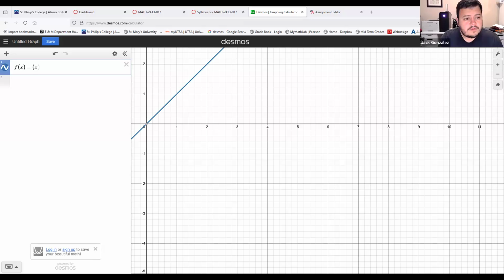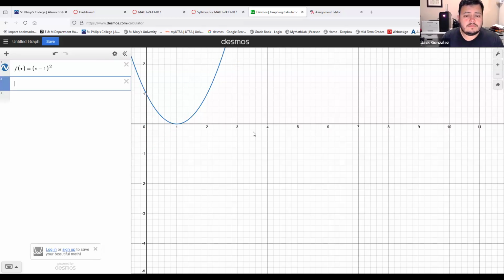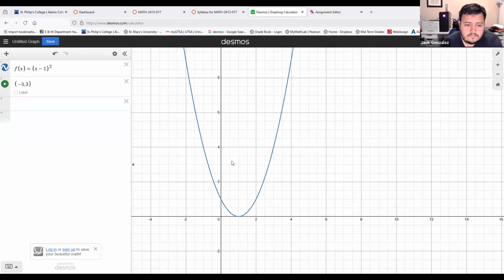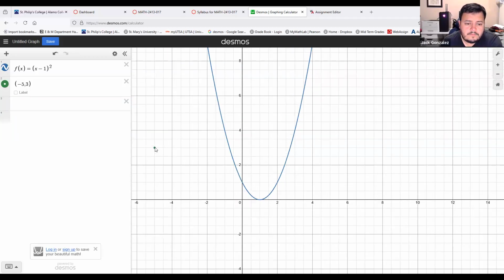Find the question. So here's the graph of the function they want us to use. And they gave us a point. I haven't written it down yet. -5, comma 3. All right. So they want to know what's the point that's closest to that other point. But one of them's on the graph and the other one's over there, right?